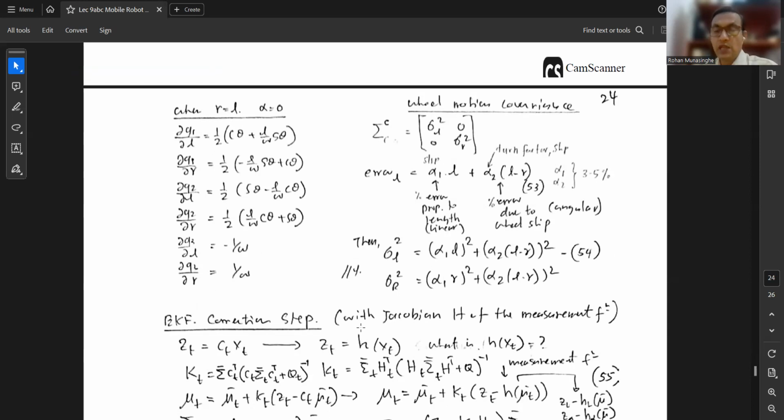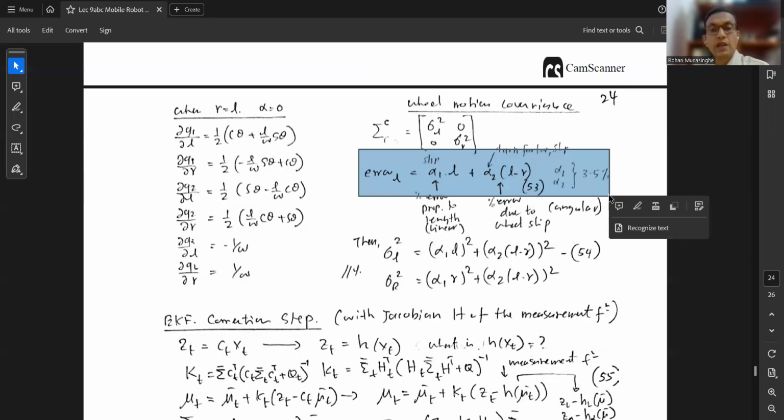Now, to tell you a little more about the wheel covariance, remember this one, big sigma superscript C. Two wheels, so right wheel, left wheel, sigma squares, right? You can define the error of an individual wheel, left wheel or right wheel, like this. The error comes because of its individual motion and also coupled motion, wheel slipping and all that.